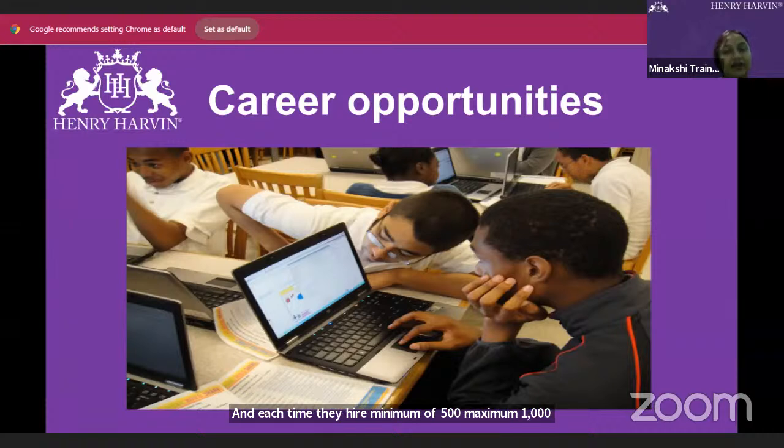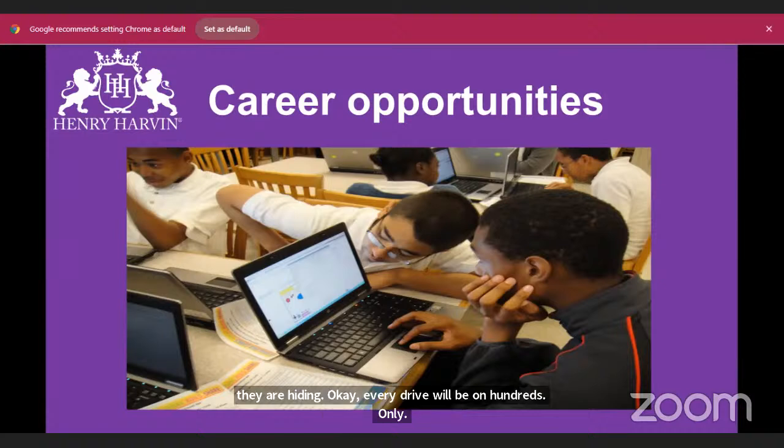You cannot see them hiring below 200 people. Every drive will be in hundreds only: 200, 300, 400, 500.